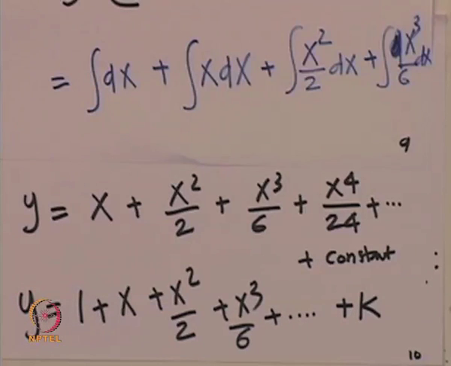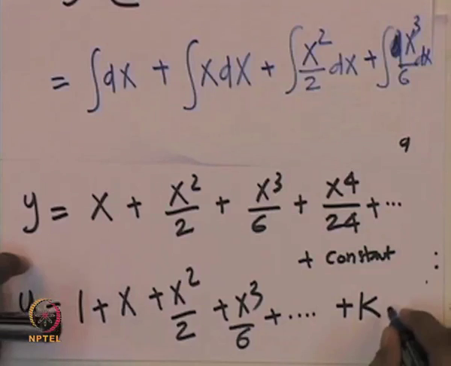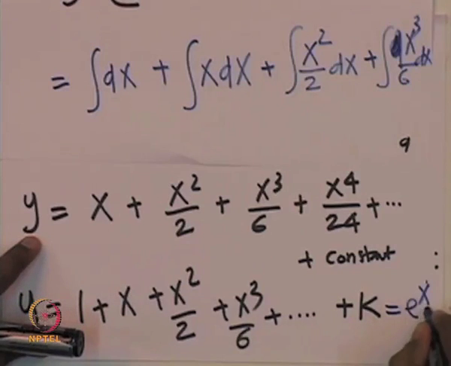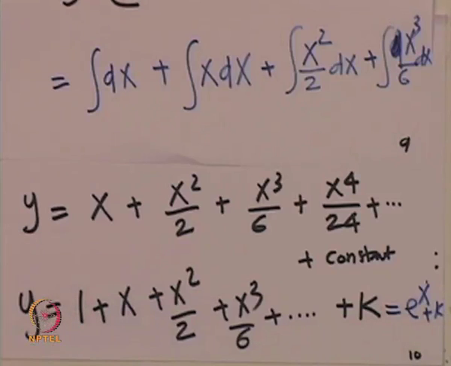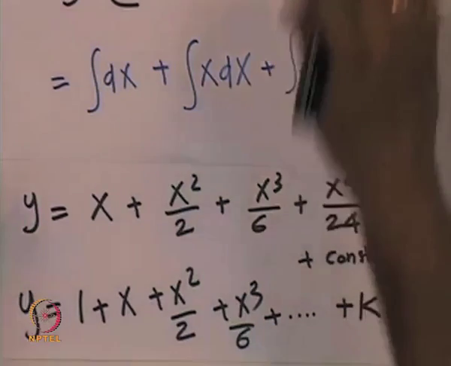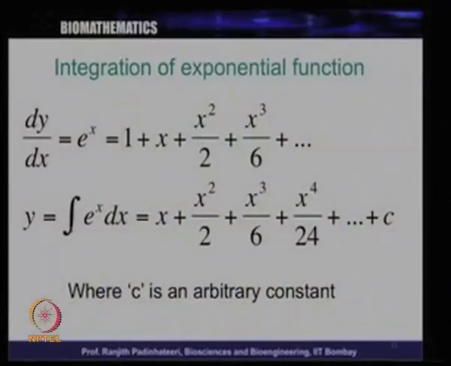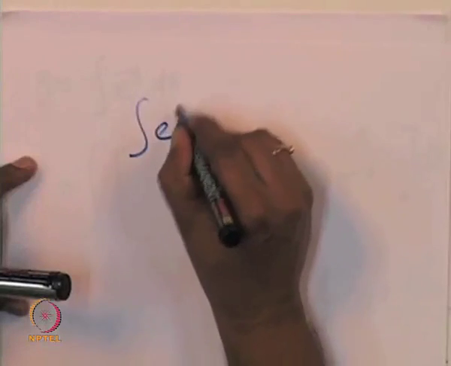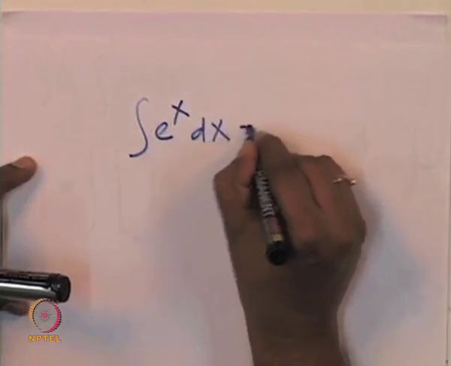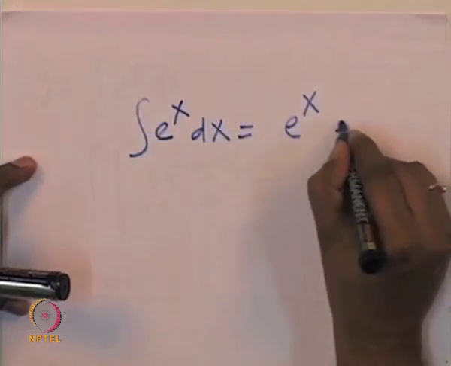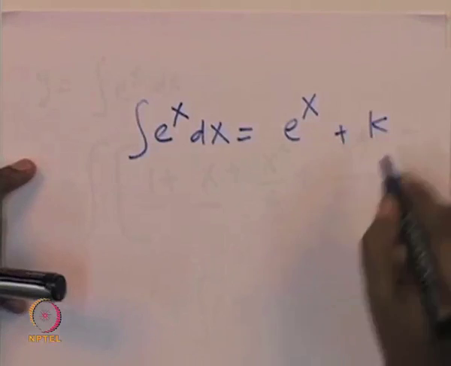This is the answer y. And what is this? If you look at this, it will turn out that this is nothing but e power x plus constant k. So, the answer is, it turns out that the integral of e power x dx is e power x itself plus a constant k.